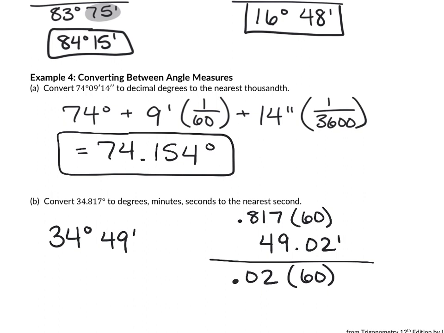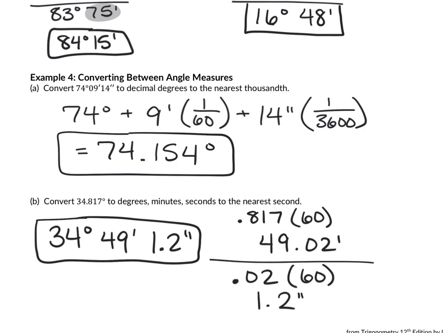So this is already in minutes. To go from minutes to seconds, it's just 60 again. If we had degrees to seconds, it would be by the 3,600. So if we multiply that by 60, you actually end up getting a decimal for your seconds, which is kind of weird, but totally acceptable. So this number, 34.817 degrees, can be written as 34 degrees, 49 minutes, and 1.2 seconds.